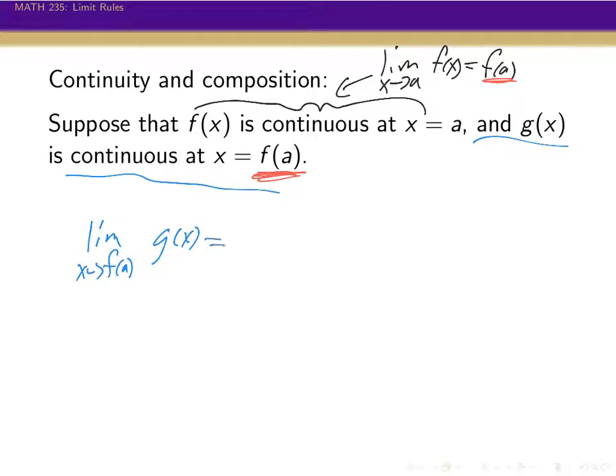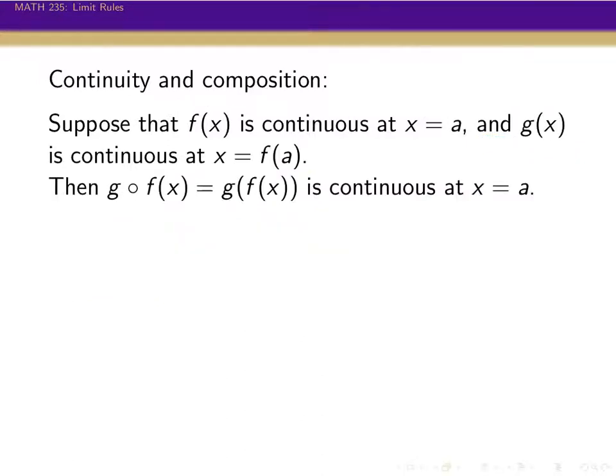Well, what do we get out of that? Well, we'd be taking the x value that we're going to, which is f of a, and then plugging it into g at that point. So the limit of g of x as x goes to f of a would be g of f of a.